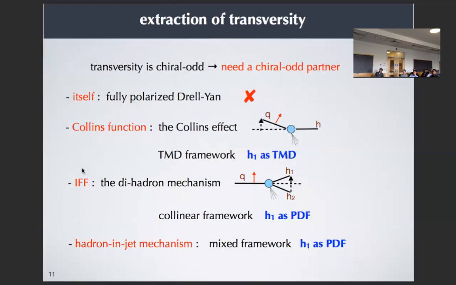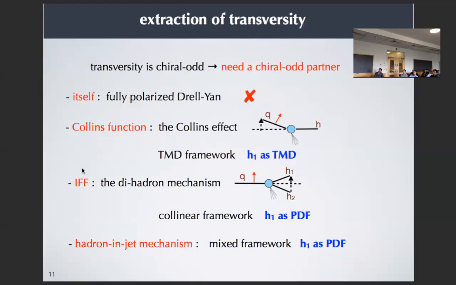So the traditional way to extract transversity is to look at the Collins effect in the single hadron inclusive production, where you have a transversely polarized quark that fragments into a single hadron. And in this business, the chiral partner is the so-called Collins function, and it's crucial to keep memory of the transverse dynamics of the partons. So we work in a TMD framework, and the transversity here is extracted as a TMD.